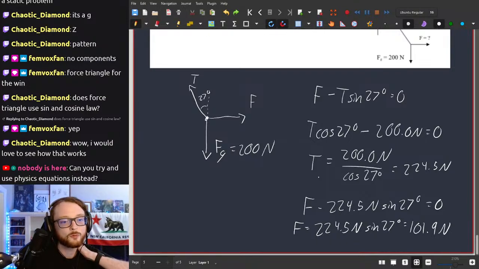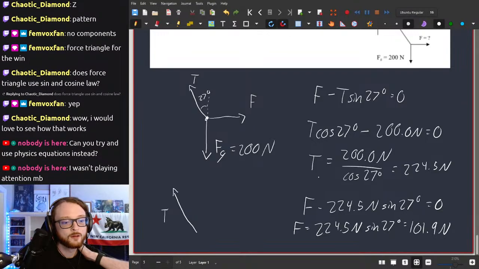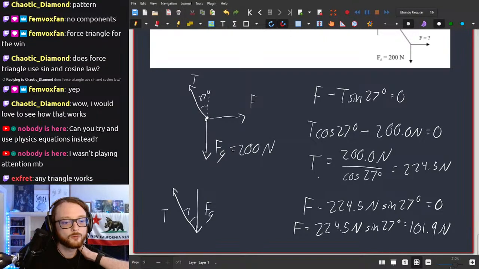I think you basically take these three arrows and make a right triangle out of them. Hopefully Felix will correct me if I'm wrong here, but if we have the tension there, the gravity would go here pointing down. That angle is 27 degrees. And then F would be going that way.